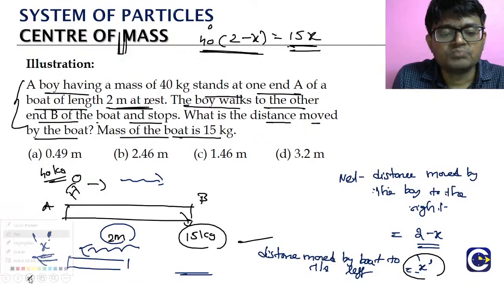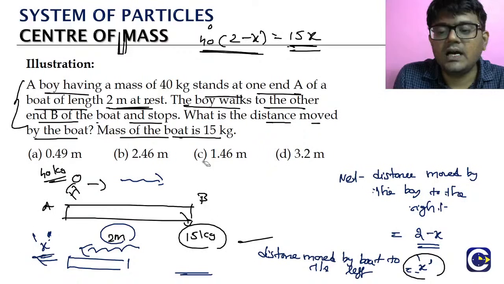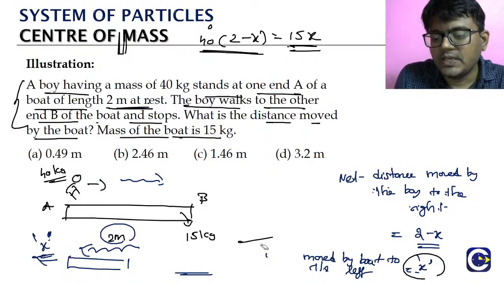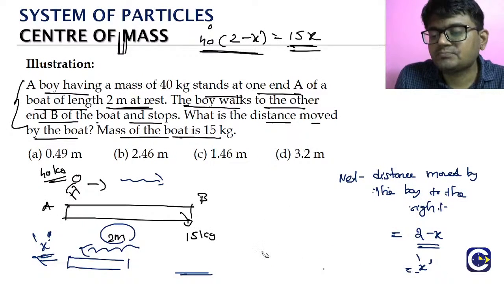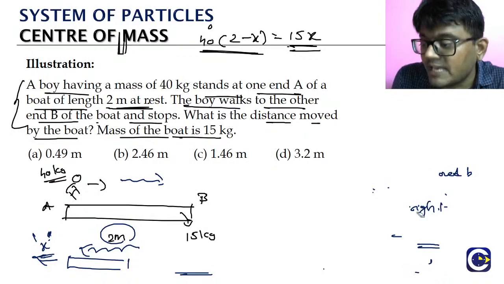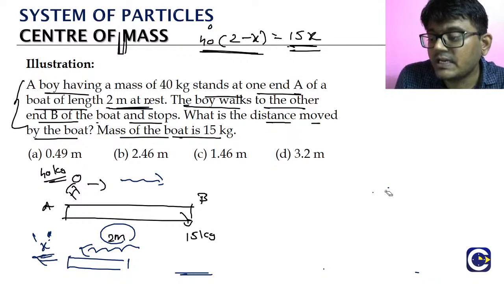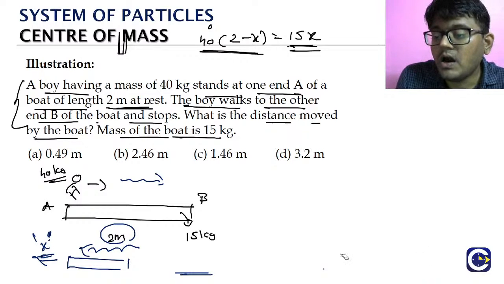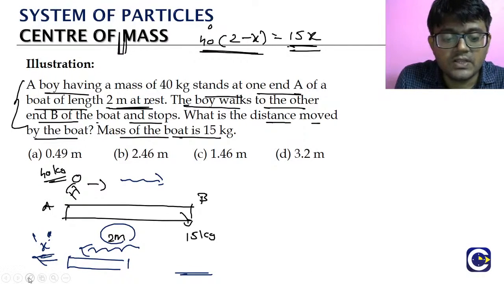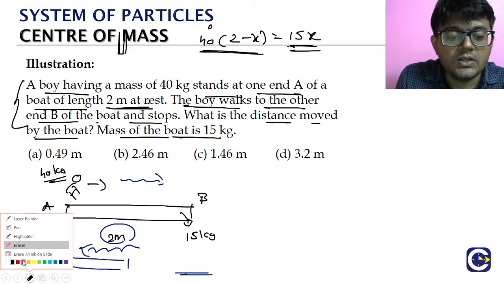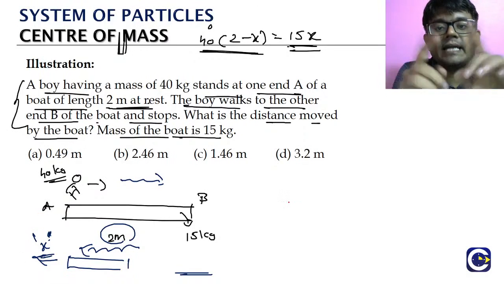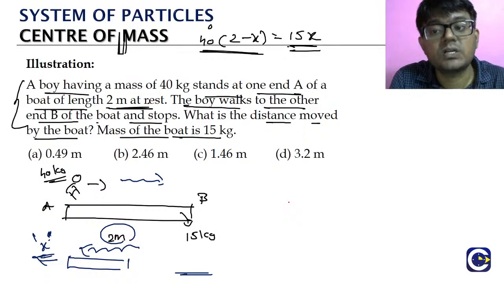It is an important situation to solve these questions. Whenever we have 2 particles or 3 particles like that, if the center of mass position has to remain the same, the moments of mass created by all the objects, added direction-wise, will give us 0.